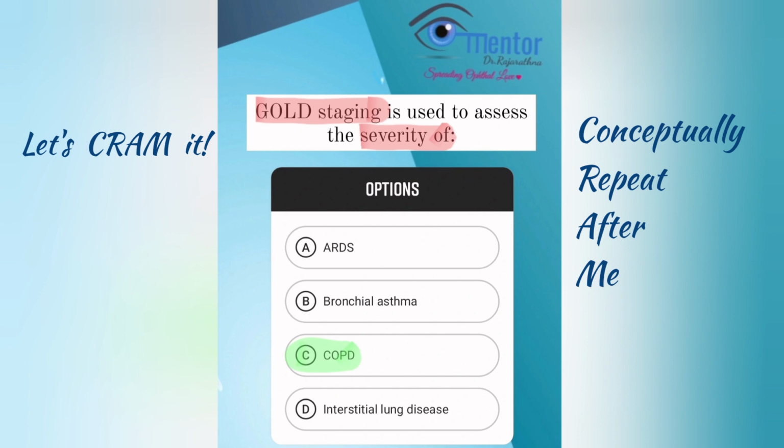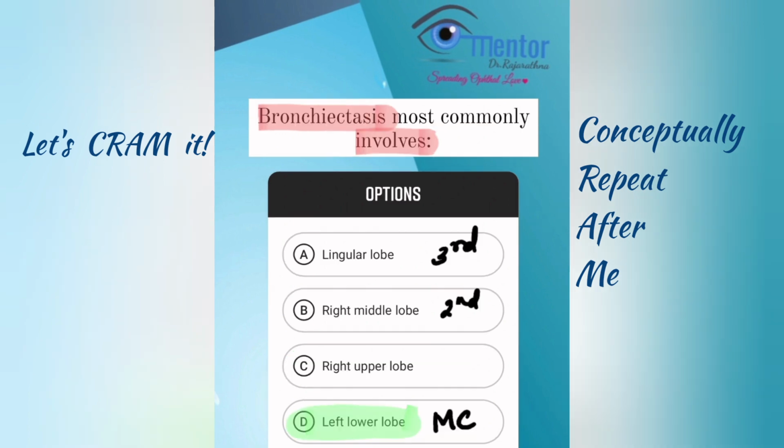Now question number 3. Bronchiectasis most commonly involves which lobe of the lung? In order: most commonly the left lower lobe, second most commonly the right middle lobe, and third most common the lingula.